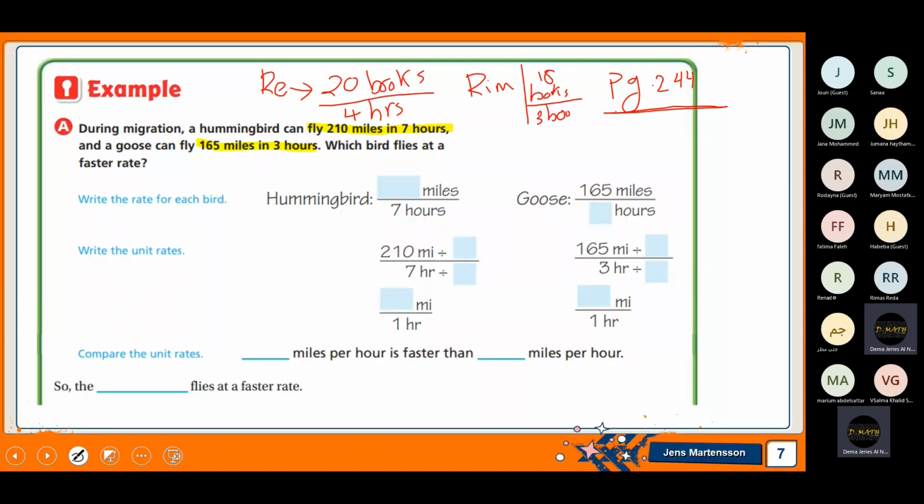The most will be 20 books. See, Renard read 20 books in 4 hours. Rimas read 18 books in 3 hours. If I told you now who read more, what would you say?